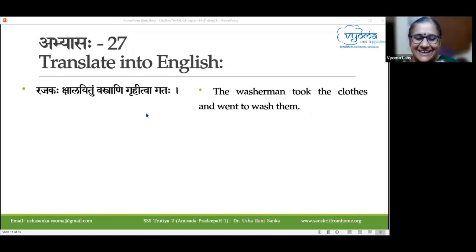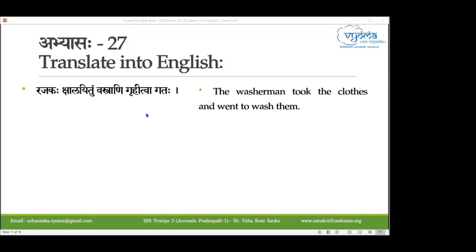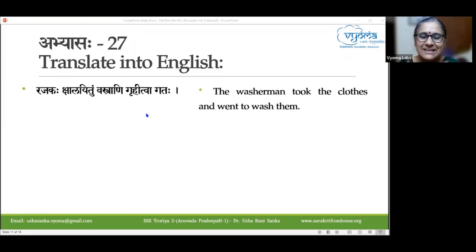I am not seeing any relation. Ma'am, you can put it like this: Kshalayitum vastrani grihitva rajakaha gataha. Correct. I thought Kshalayitum grihitva was the correct relation. That's what I was thinking. Anyway, it's okay.